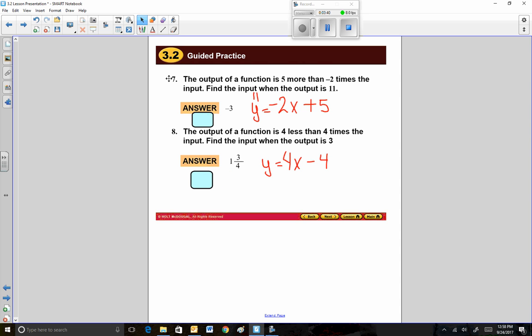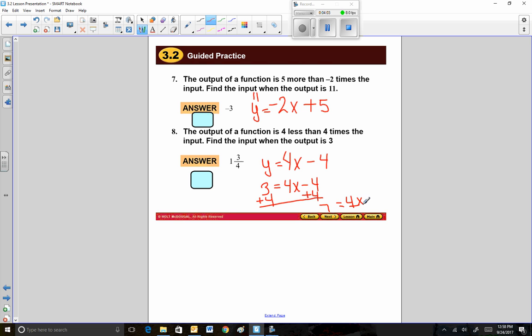Now that's a tough one, so let's walk through that one real quick just to make sure you understand it. We place a 3 here, so we have 3 equals 4x minus 4. Add your 4 to both sides. Now we have 7 equals 4x.